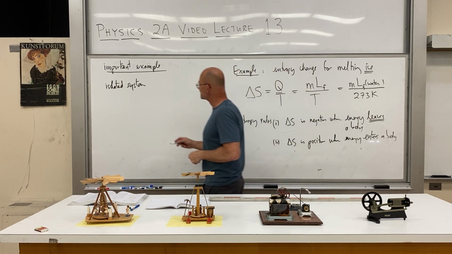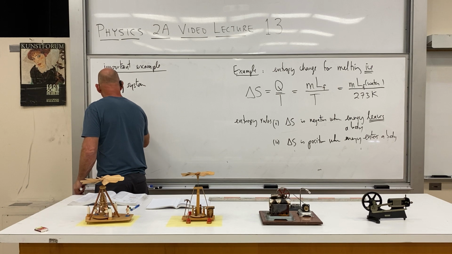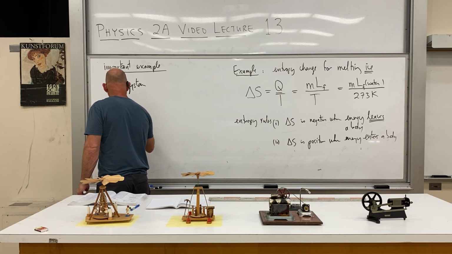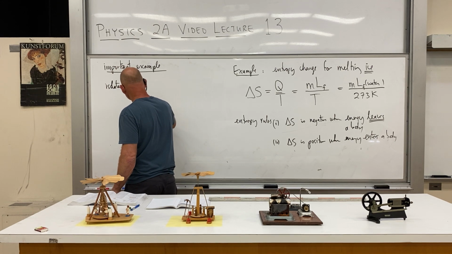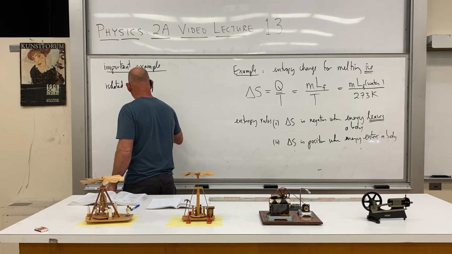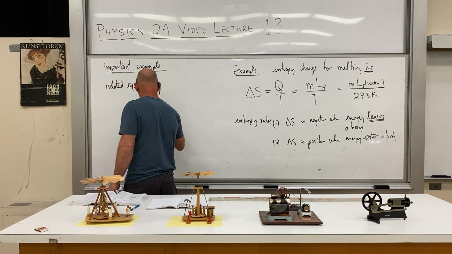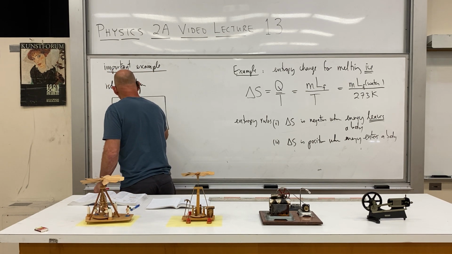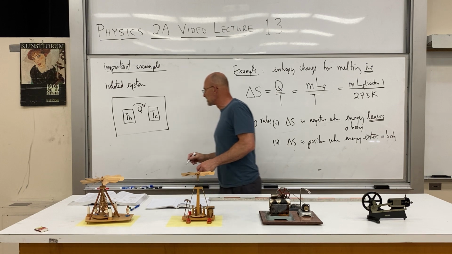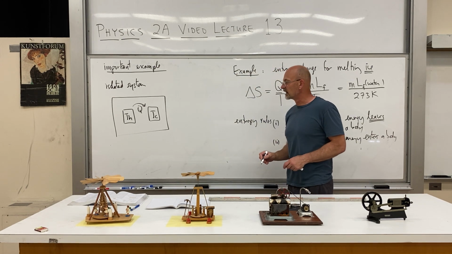So there's our isolated system, and in this case, we're going to put a hot object and a cold object together in this box, and we know the direction Q is going to flow.